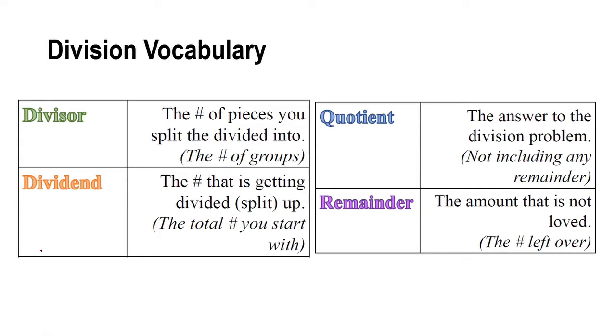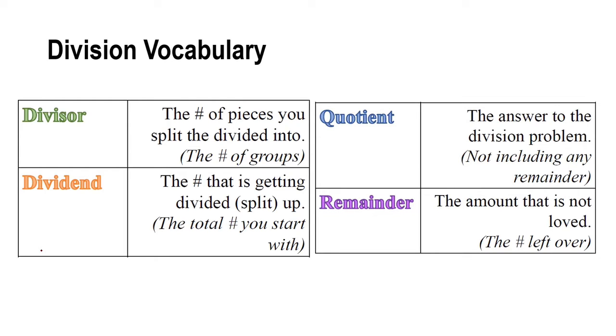So with division, the first thing that we need to know of importance is division vocabulary. In division, you have divisor, dividend, quotient, and remainder. The divisor is the number of pieces you split the dividend into, or the number of groups. The dividend is the number that is getting divided or split up, and it's the total number you start with.